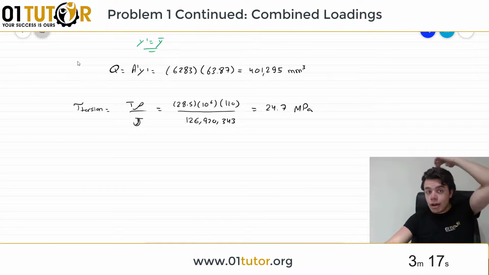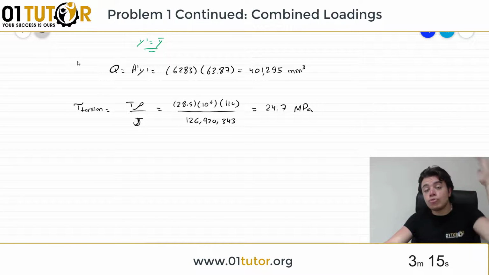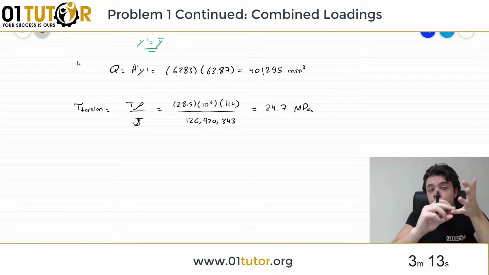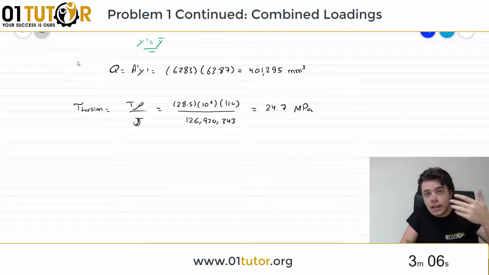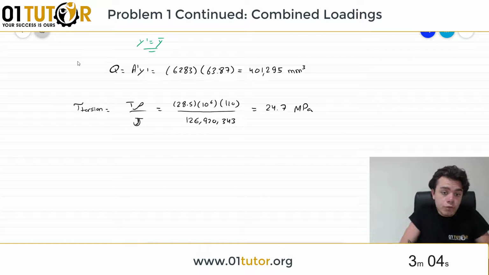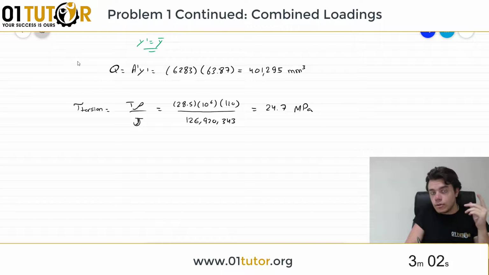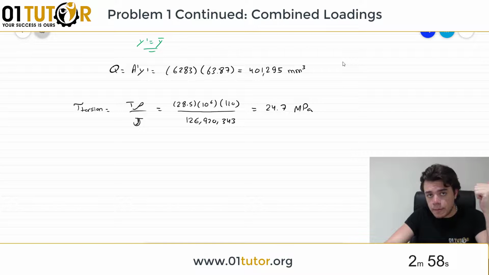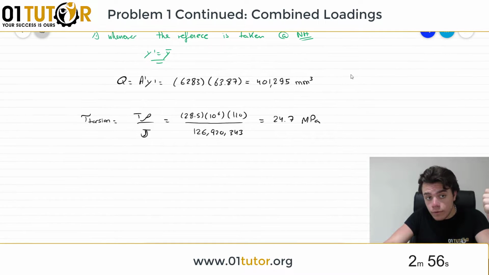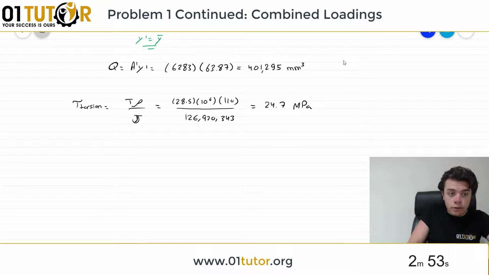And what's the direction? How do we find the direction of the force due to torsion? It follows the direction of the torsion, the direction of the shear stress due to the torsion. It follows the direction of the torsion, and it's perpendicular to the radius. Okay, so the direction of shear stress due to torsion is perpendicular to the radius, and it also follows the direction of the torsion.